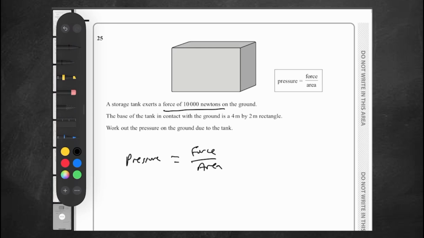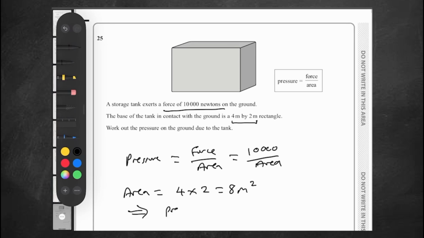We've got the force, so we just need the area. And we're told that we have a 4 by 2 meter rectangle. So the area is simply going to be 4 times 2, which is 8 meters squared.